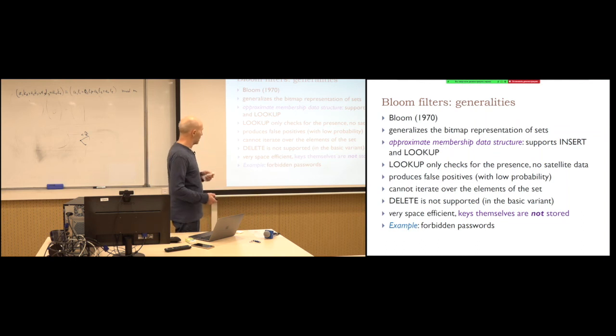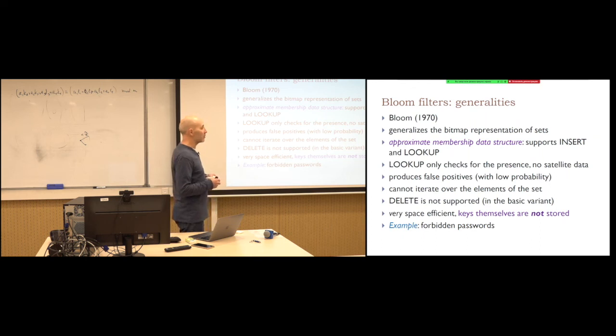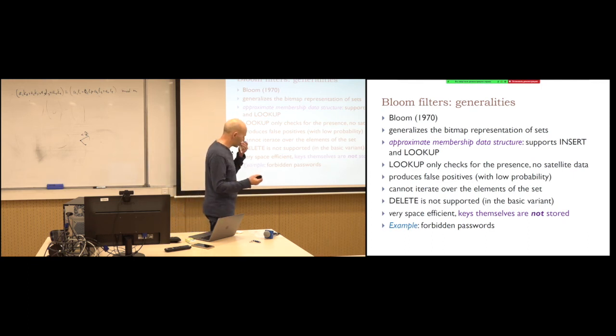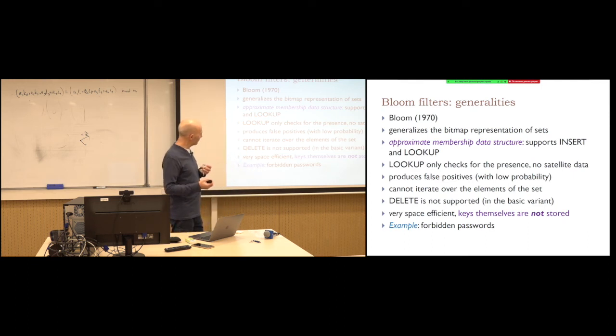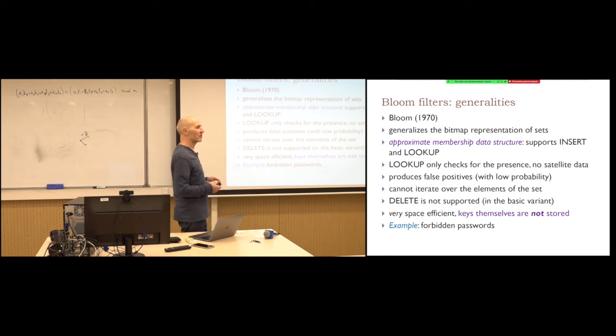Okay. So now returning to your example, yes, it's a good idea to store vaccinated people, for example, in a Bloom filter. If you give me a person, I'll check against my Bloom filter and will tell if he or she is vaccinated or not.